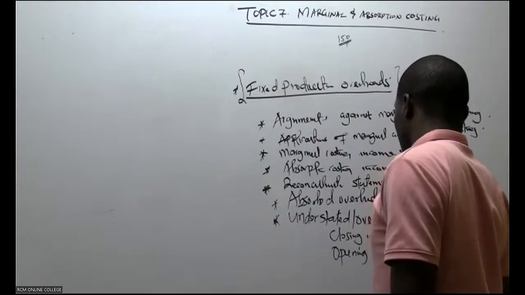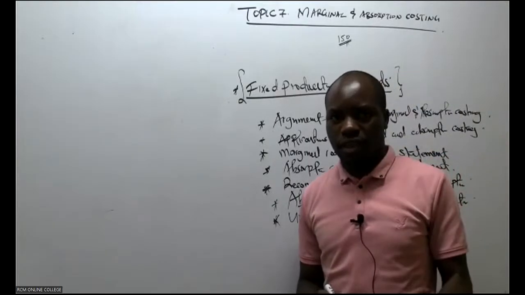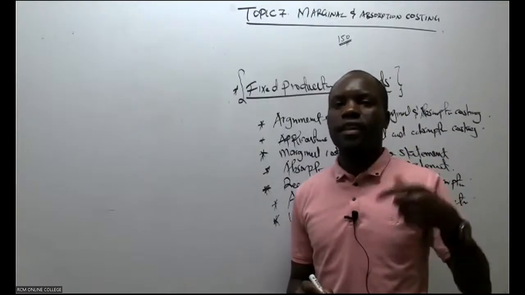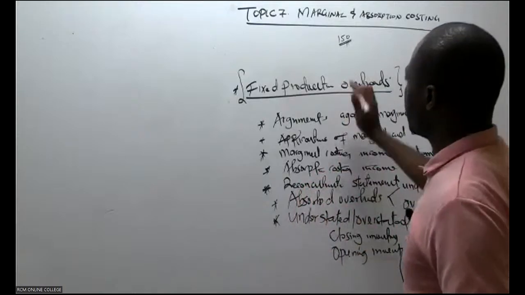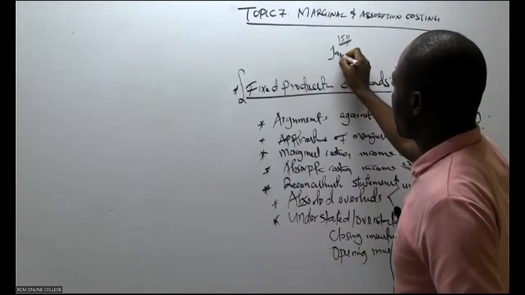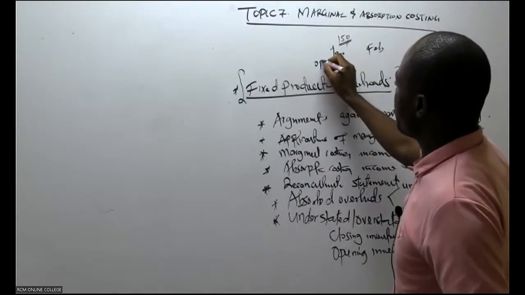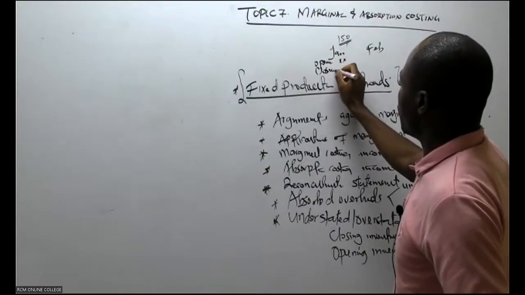We all know that the closing inventory of the previous period is the opening inventory of the current period. So in short, if you're going to deal with the two different periods, let's say the month of January, month of February, when you have opening inventory here, you will have then closing inventory.